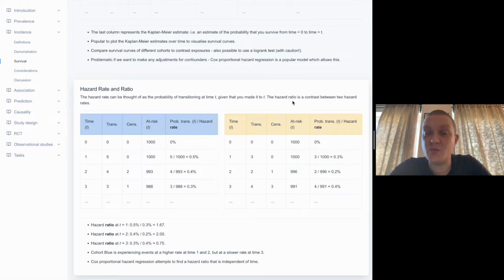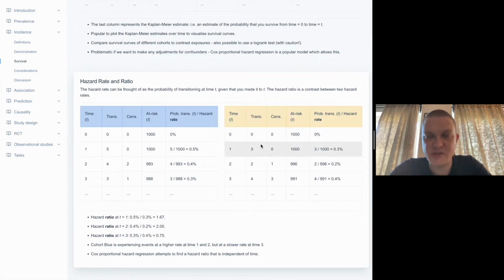And then the hazard ratio is a contrast between two hazard rates. Just like the odds ratio is a contrast between two odds, the hazard ratio is a contrast between two hazard rates. Now we're going to have the blue cohort here and the orange yellowish cohort here.